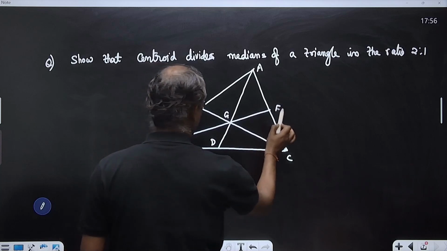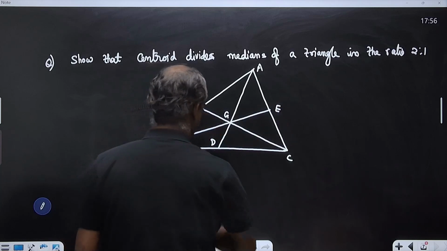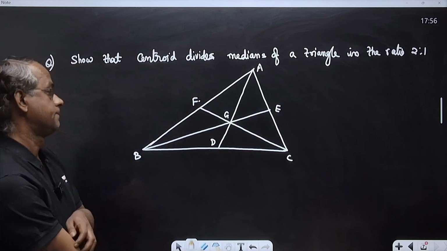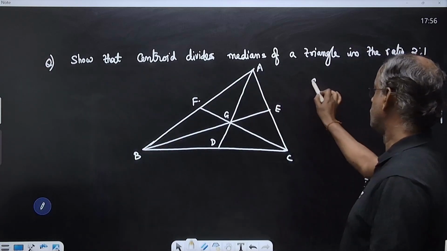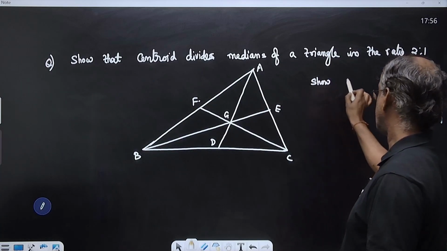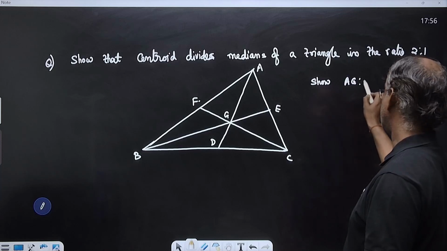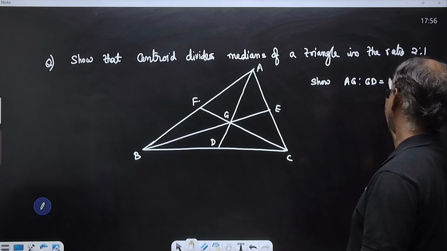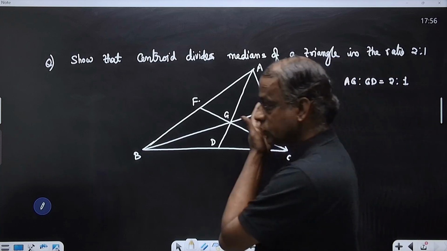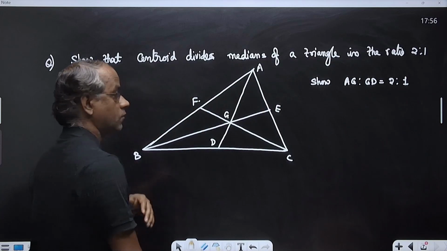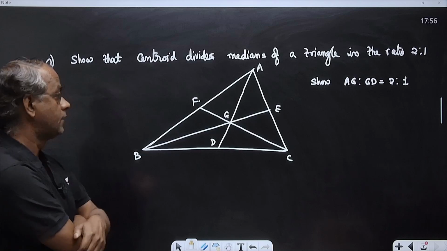D, E, F. Okay. We have to show AG is to GD is 2 is to 1. Fine. So how would we go about it?